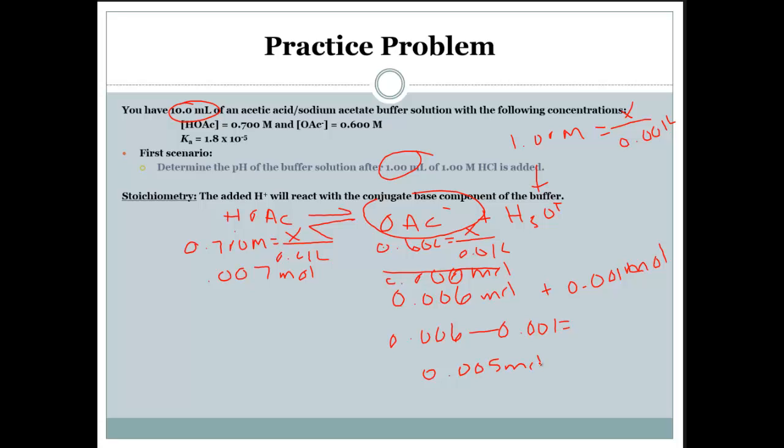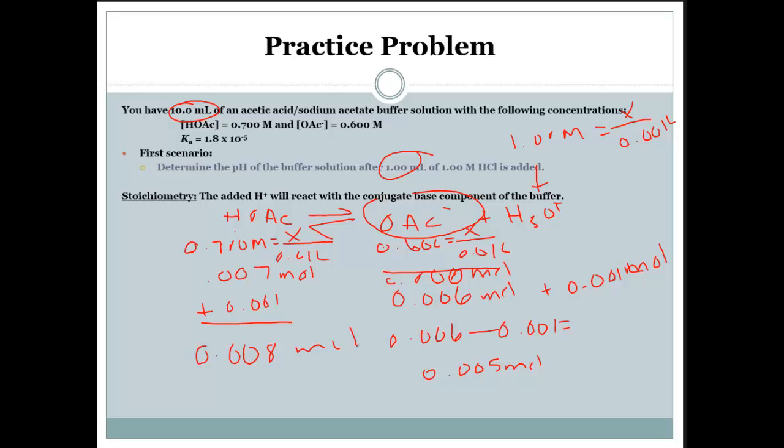That means we have 0.005 moles of the acetate that's not used. And that tells us that we have 0.008 moles of the weak acid that's been formed.